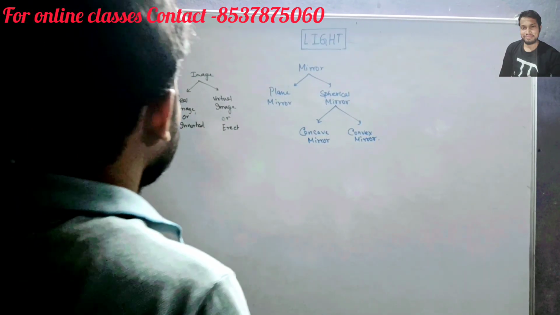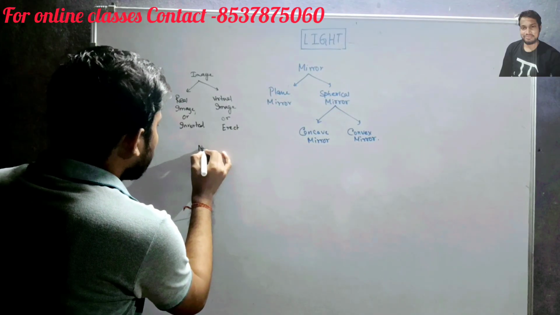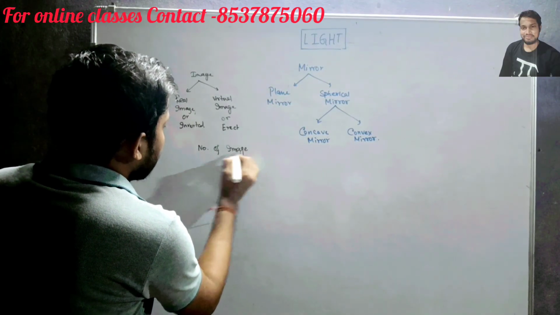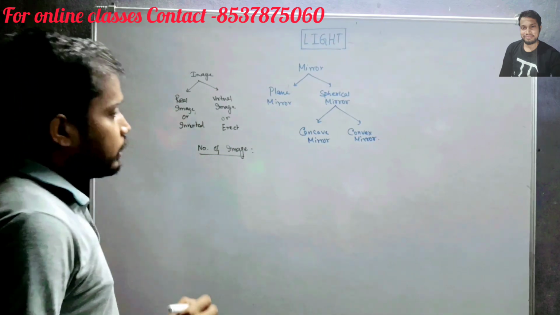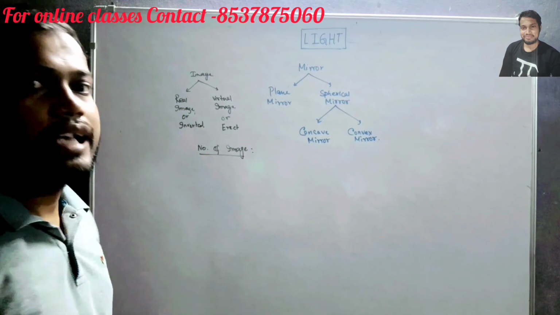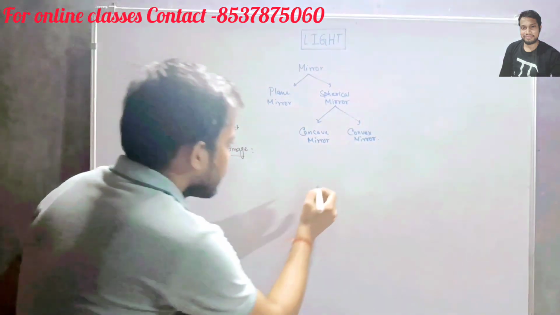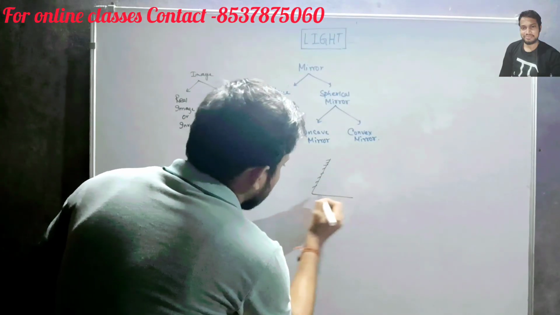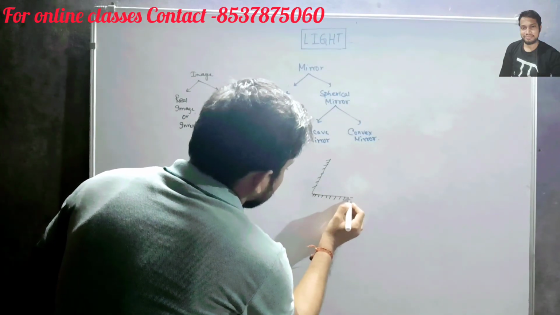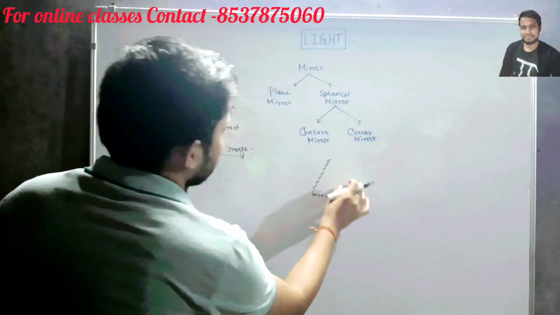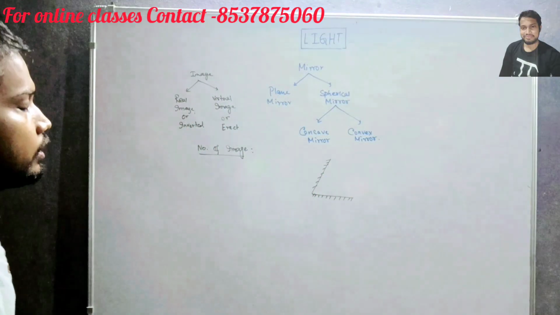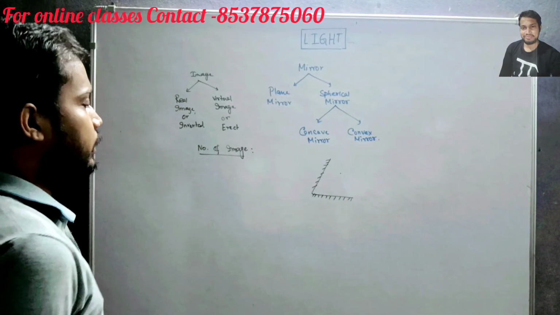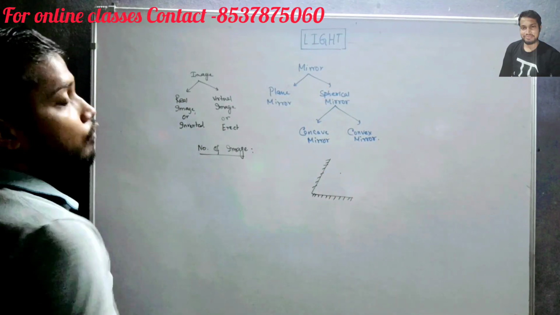Now we have to go through the number of images concept. How many images will be formed if the mirrors have a certain angle? Let's say there is a mirror and another mirror is like this. If we place an object here in any position, how many images will form?